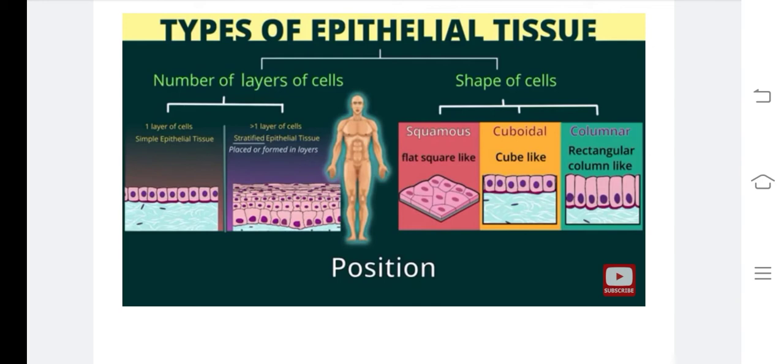Because the structure looks like flat, square-like structures. Cuboidal epithelial tissue has cube-like structures. And columnar epithelium has rectangular, tubular-like structures. Where do we find them? We have discussed all of this, children.